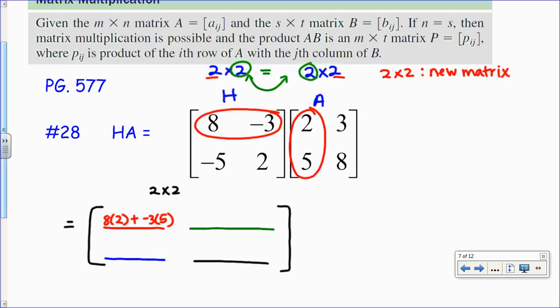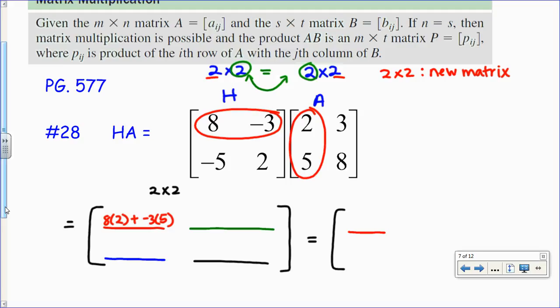Okay. I will do the simplifying here in just a little bit. I want to write out the multiplication first.